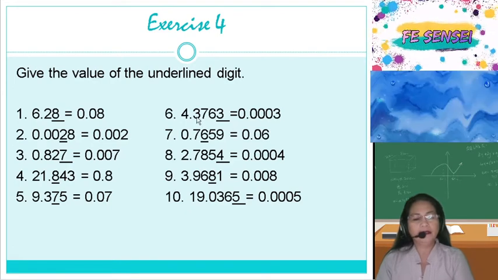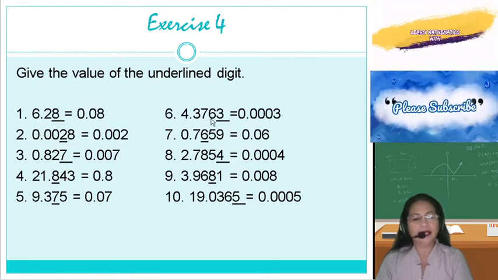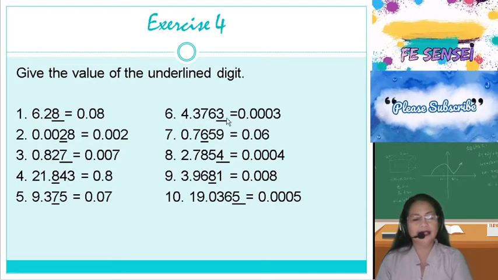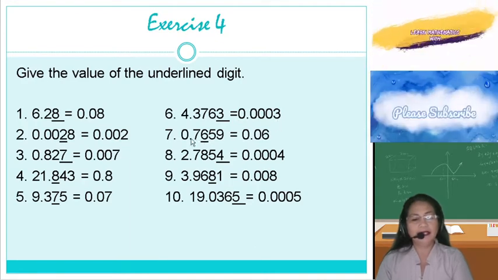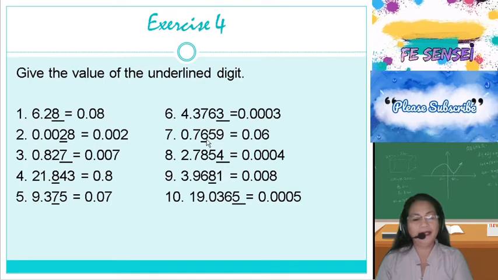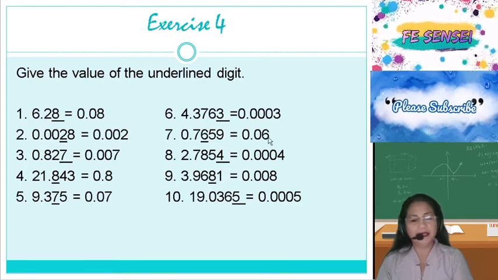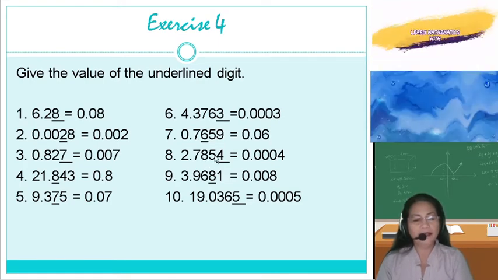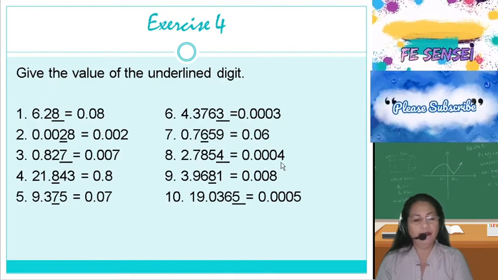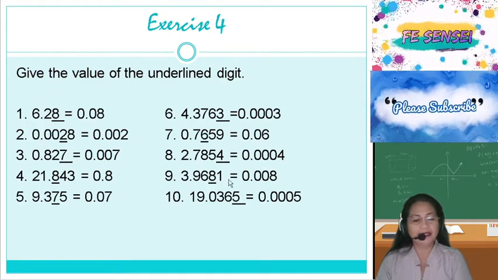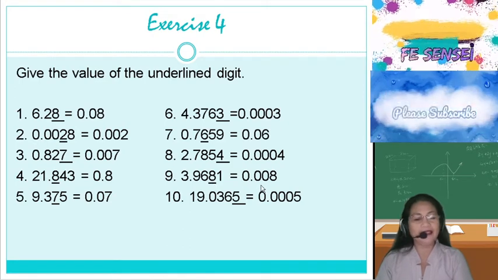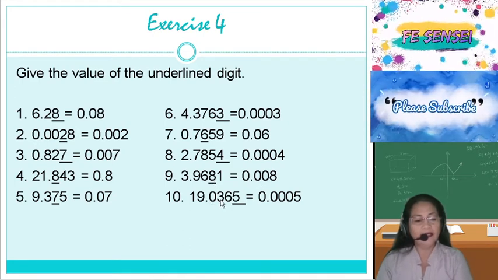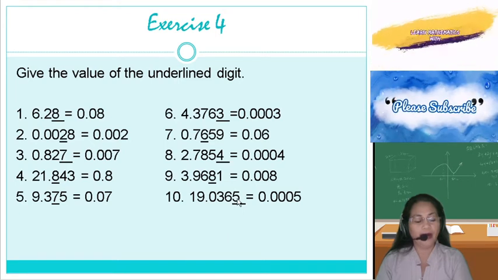Then tenths, hundredths, thousandths, ten-thousandths. So you have 3 ten-thousandths. Then 1, 2, 6 hundredths. 1, 2, 3, 4. 4 ten-thousandths. 1, 2, 3. 8 thousandths. 1, 2, 3, 4.